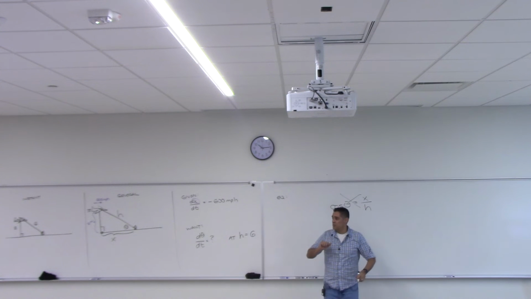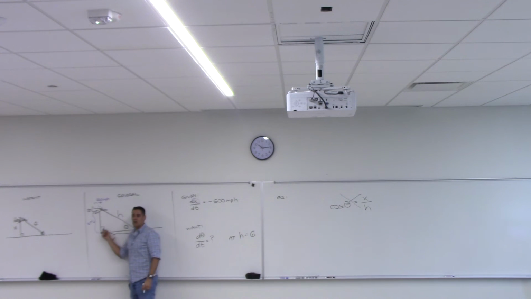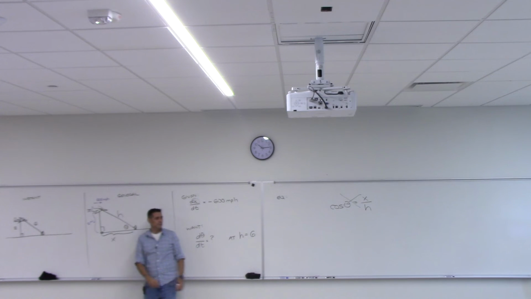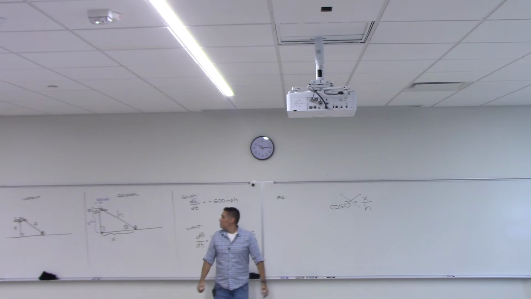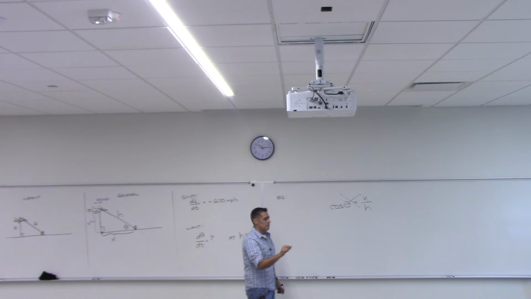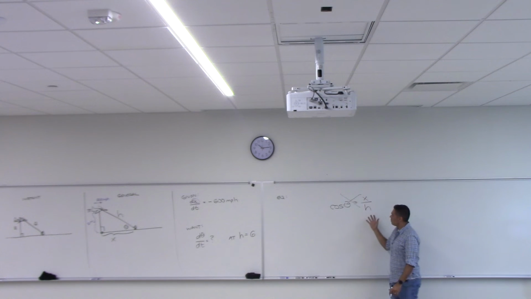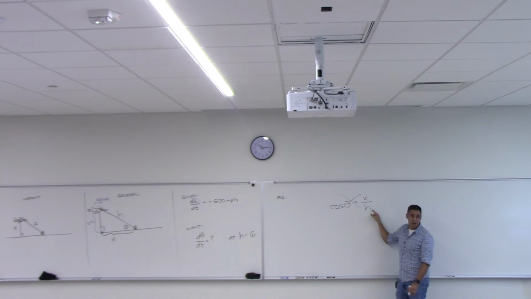So let's use tangent. Because if we use tangent, we've got a constant over the x. See that? Yes. Do we not have h? Isn't it 6? But we don't have dh dt. Right? We know what h is at the moment, but remember, what I was trying to get y'all to see last class is that whenever you differentiate something implicitly, at some point you have to differentiate each variable.